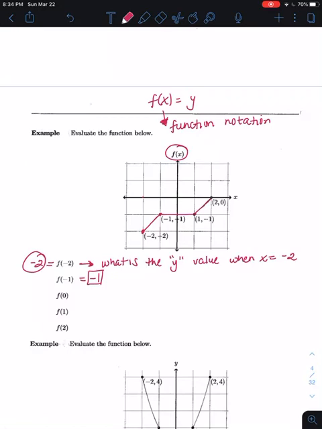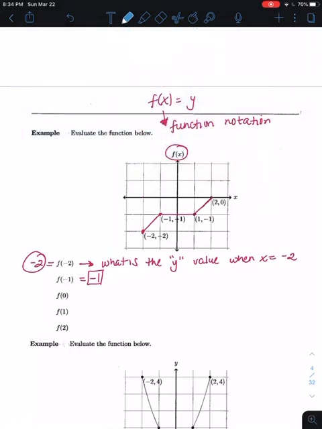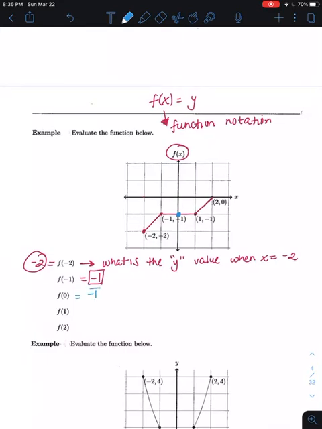They didn't darken in the point when x equals 0, but if you read it off the graph, x equals 0 is in the middle. That corresponds to a y value of -1. F of 1 has a y value of -1 also. And then f of 2, when x equals 2, the y value is 0.